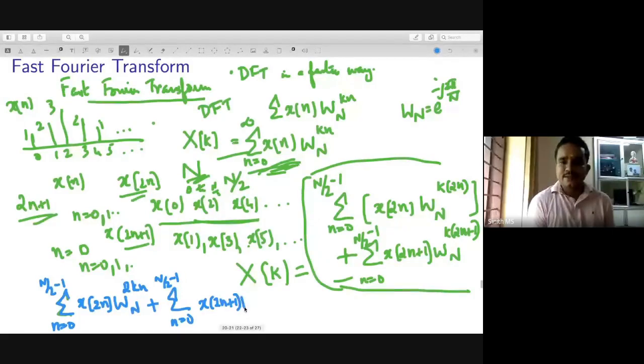Let us take W_N raised to 2kn here, and what is remaining? W_N raised to kn is remaining. Sorry, W_N raised to k is remaining.